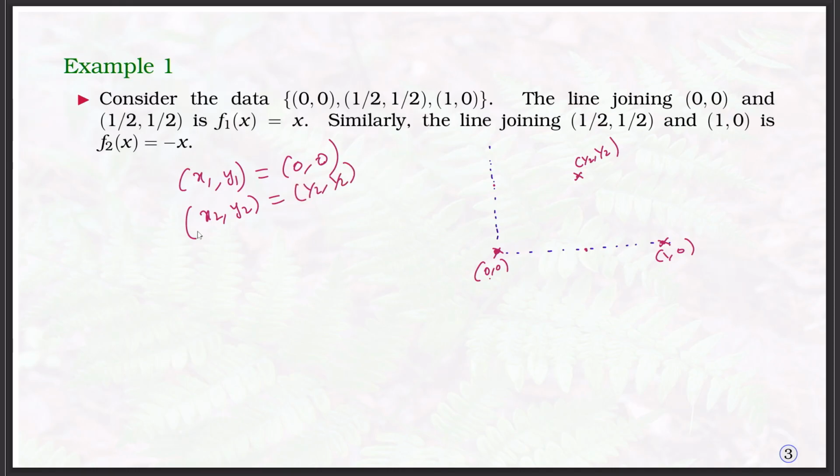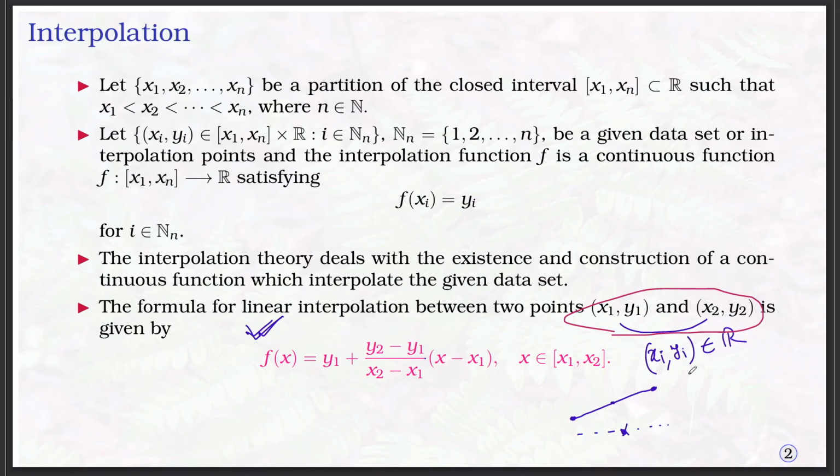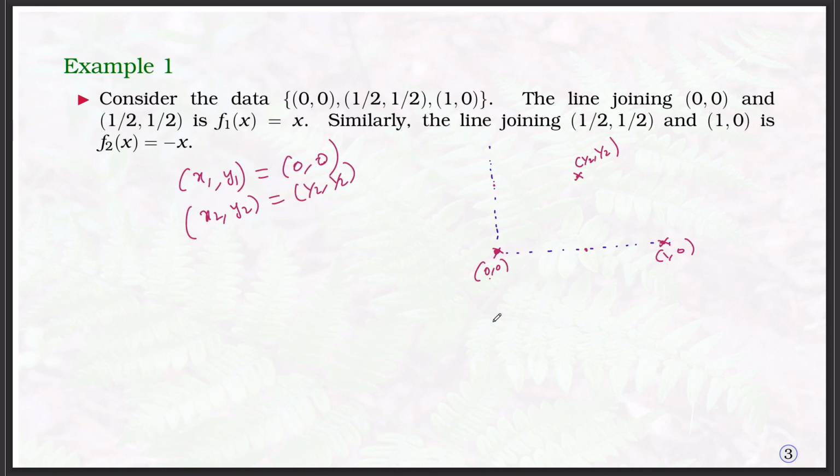Then we need to find the line joining these 2 points. For this, the formula is y1 plus (y2 minus y1) over (x2 minus x1) times (x minus x1). One can get the line joining these points, f of x.